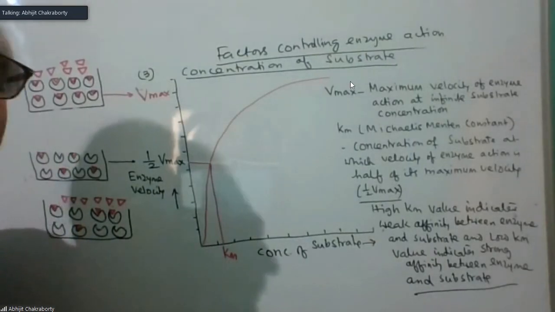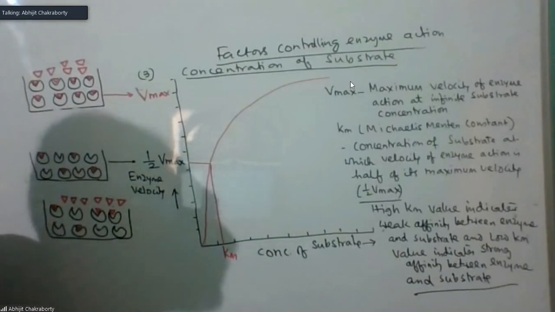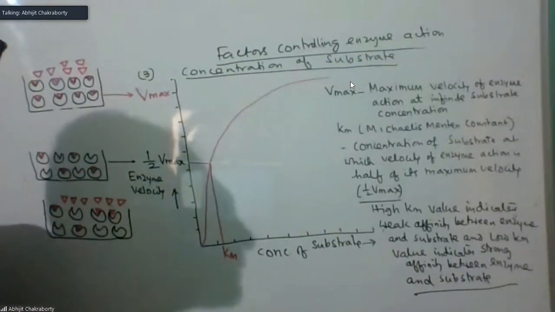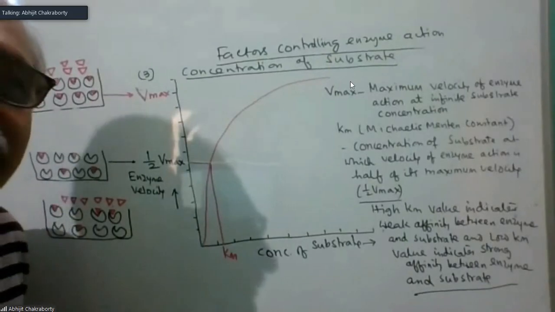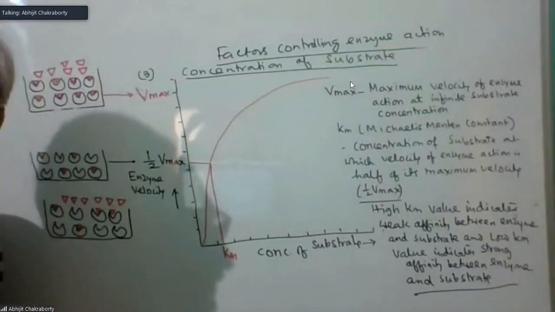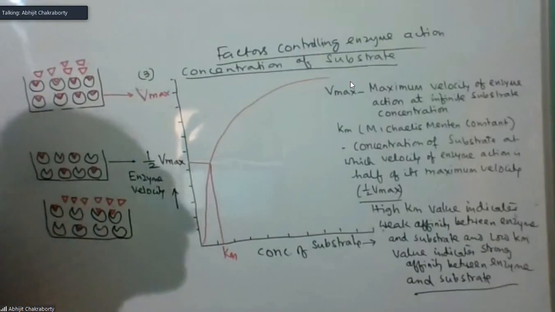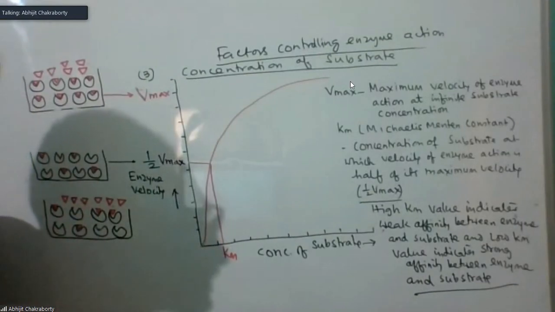So more substrate is given, and then only four occupy the active sites. So here substrate concentration increases. That is, Km increases. So here it is a weak affinity between enzyme and substrate. Is it clear now?